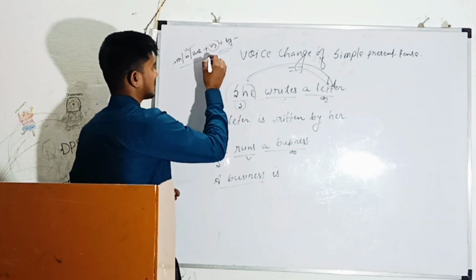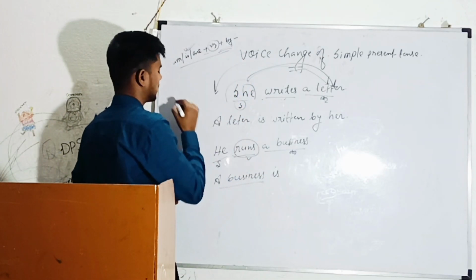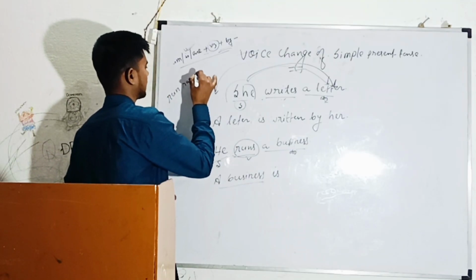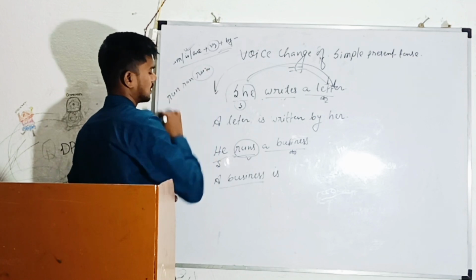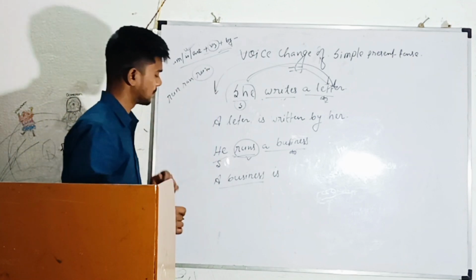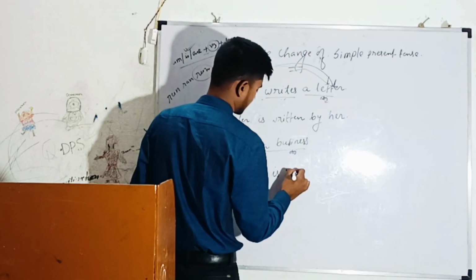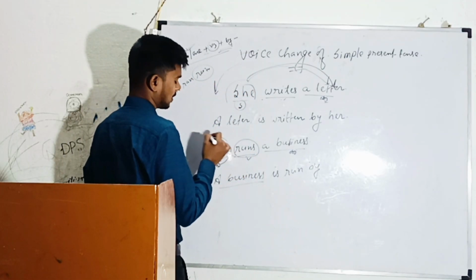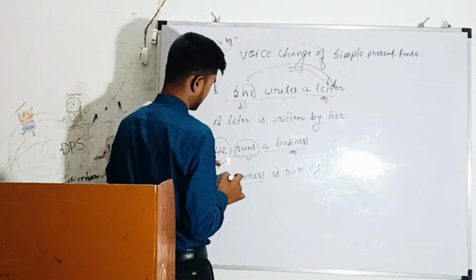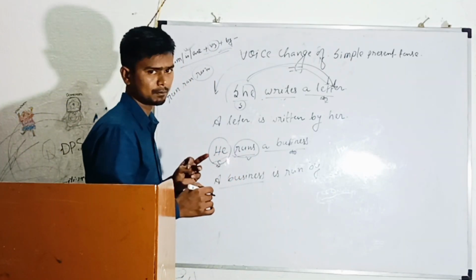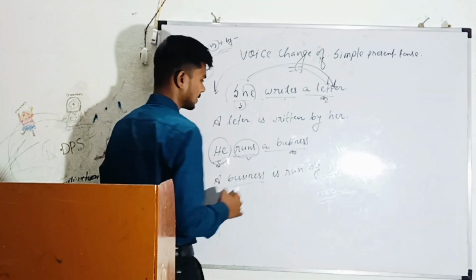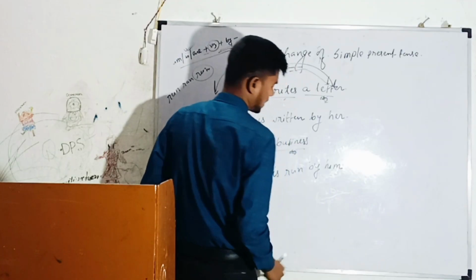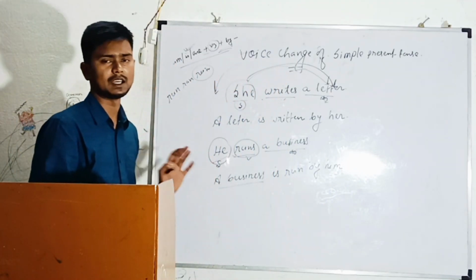Now plus V3, and here the verb is run, and the V3 of run is run: run, ran, run. So a business is run. Now bring the preposition by and then write the subject of the active here. The subject is he, and in passive it will be him. Him is the objective case of he.